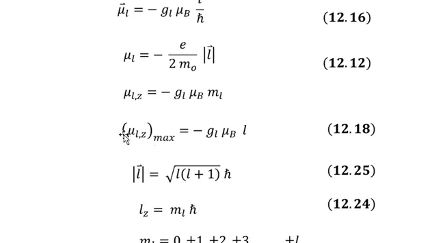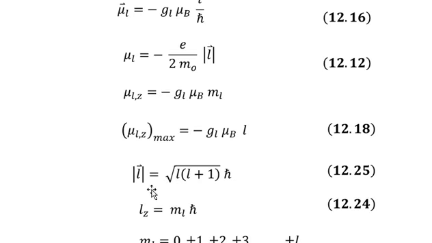And if you want to take the maximum of this quantity, you need to take the maximum on both sides, and the maximum value of mL is represented by the orbital quantum number. So in equation number 18, on the right hand side, this L represents the quantum number. So the maximum value of the Z component of the orbital magnetic moment of the electron is equal to minus gL times Bohr magneton times the orbital quantum number.